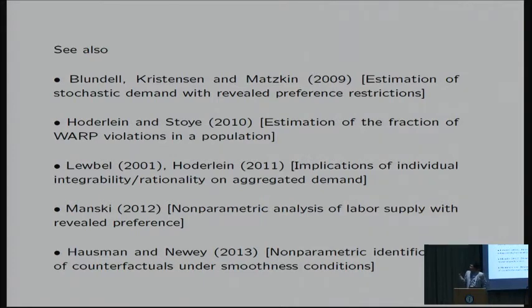When we do this analysis of fully unrestricted revealed preference type analysis to do counterfactual prediction, in terms of the spirit of the approach, it gets really close to what Manski did in 2012, as well as a recent paper by Hausman and Newey, which also does a counterfactual analysis with extra smoothness conditions.